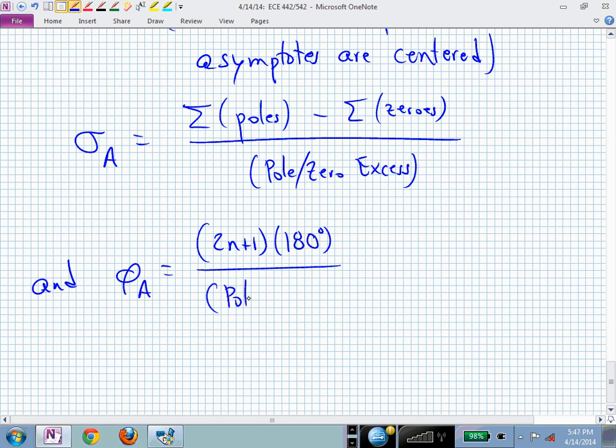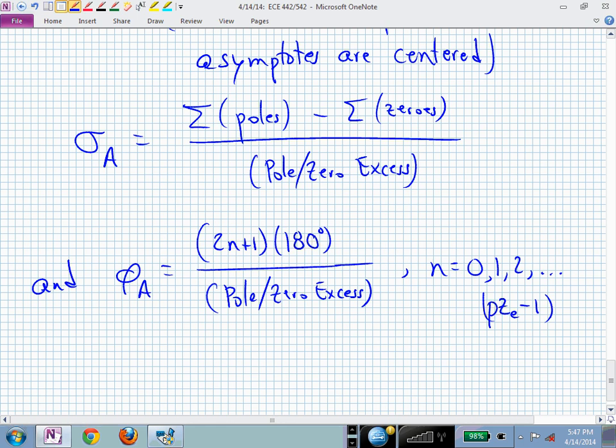Again, we divide by the pole zero excess. And n is going to be either 0, 1, 2, all the way up to 1 less than the pole zero excess. And that will give you all of the different angles.